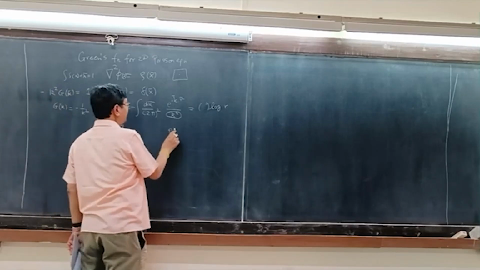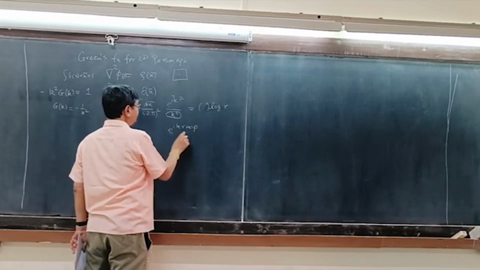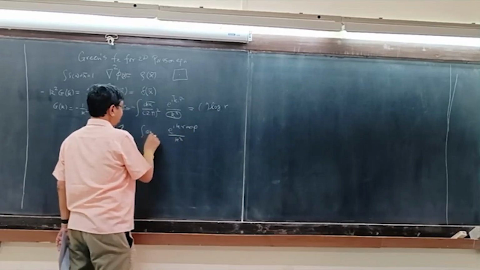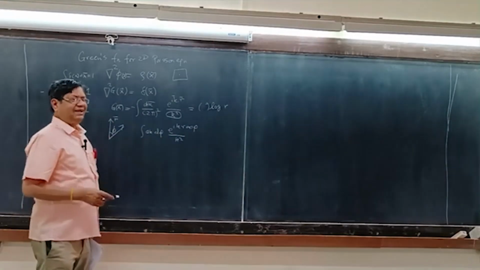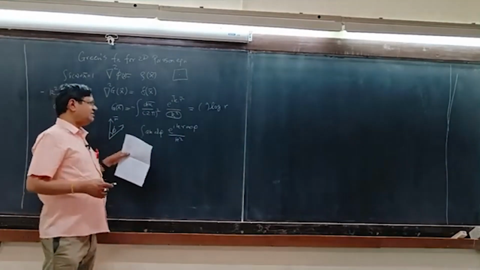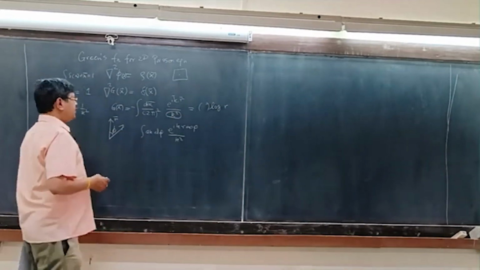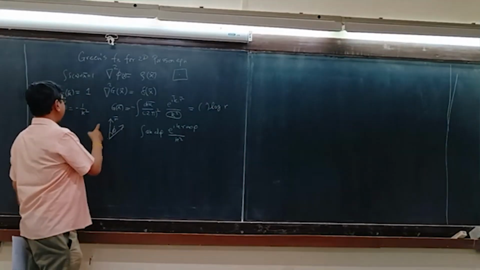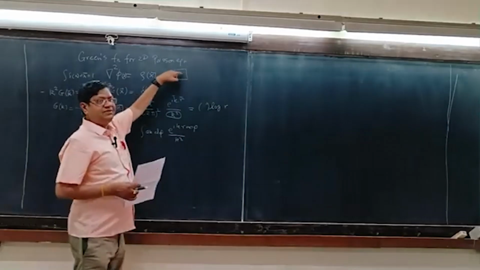So this is e to the power i k r cos phi over k squared, dk d phi. This is a Bessel function, but if you do the algebra you'll get log r. It is not a function of angle; it's isotropic.